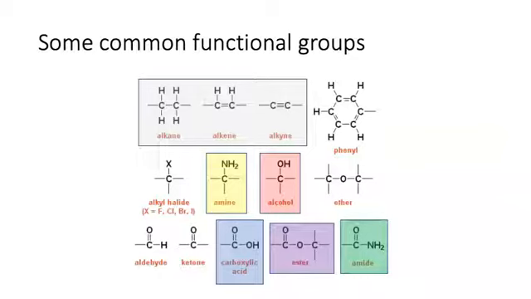So all of these different interesting things we talked a little bit about in one video lecture, where we talked about a carboxylic acid and an amine coming together to form an amide, or a carboxylic acid and an alcohol coming together to form an ester.